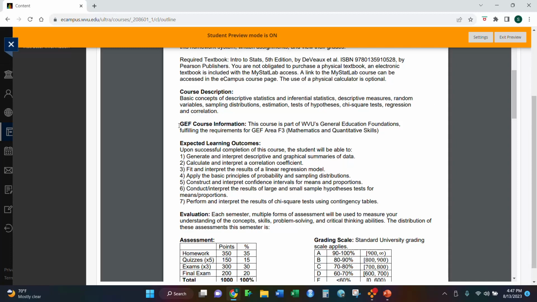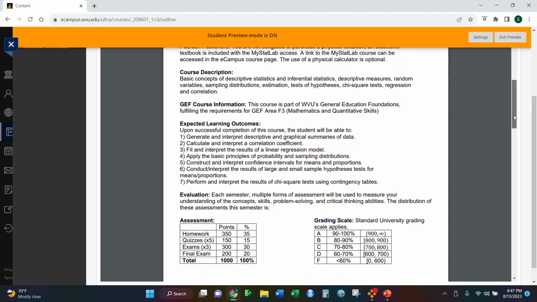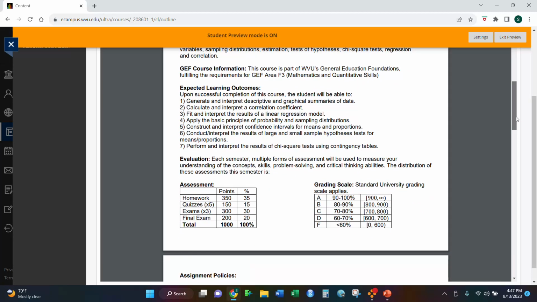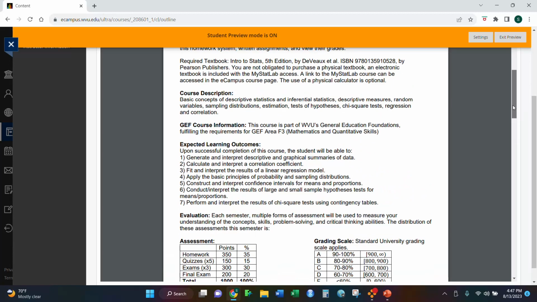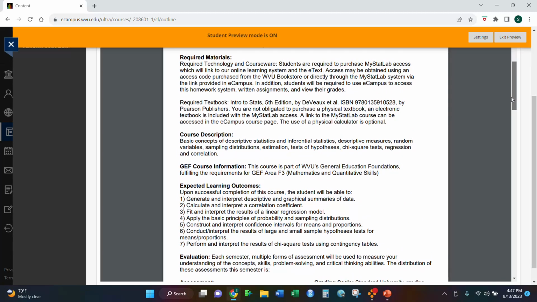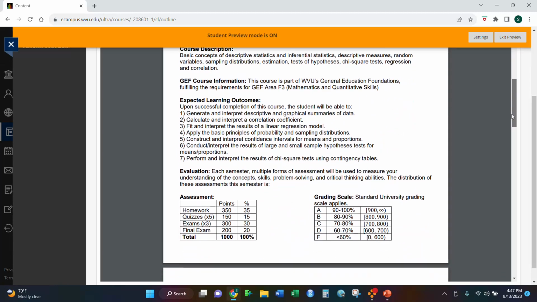This is the GEF course. Here's the course information. We do have some expected learning outcomes, and it's just more detailed information than what was covered under the course description.